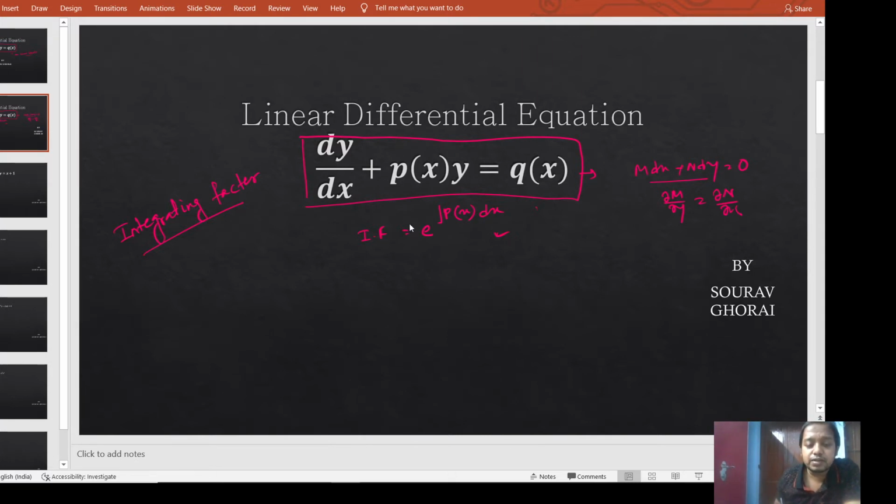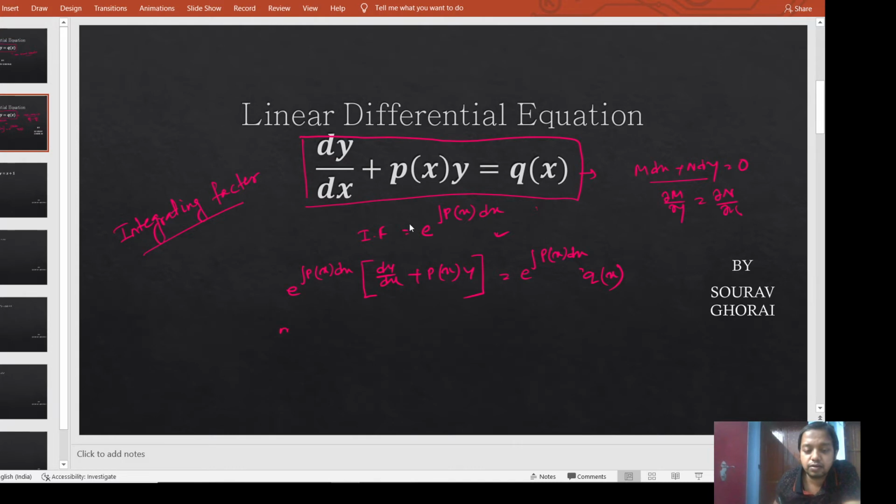After finding the integrating factor, we have to multiply it by this equation. Then we get e^(∫p(x)dx) (dy/dx + p(x)y) = e^(∫p(x)dx) q(x).